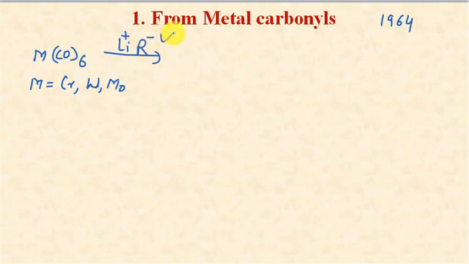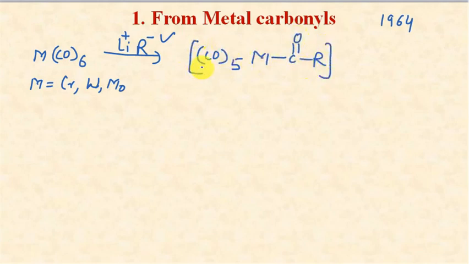So this R negative, which acts as a nucleophile, can easily attack the CO group, particularly at the carbon atom. Out of these 6 CO, 5 remain unchanged, whereas 1 is converted into an acyl group. Since R negative is attacking the CO group, we have one negative charge, and this is Li positive.